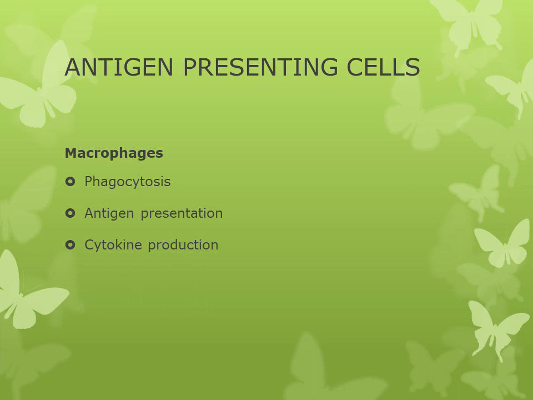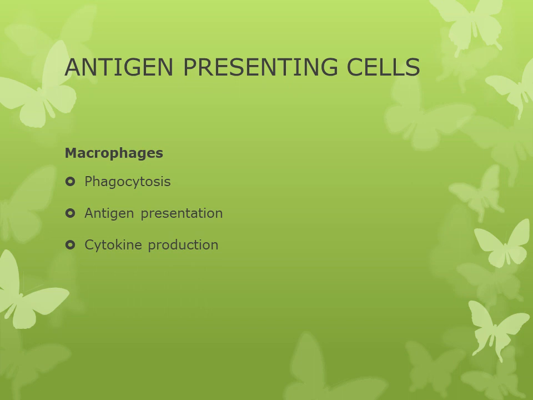If we talk about the macrophages, they have three very important functions: phagocytosis, antigen presentation and cytokine production. Phagocytosis is the ingestion of the microbes. When the microbes are ingested, they are then killed by reactive oxygen species and reactive nitrogen species.